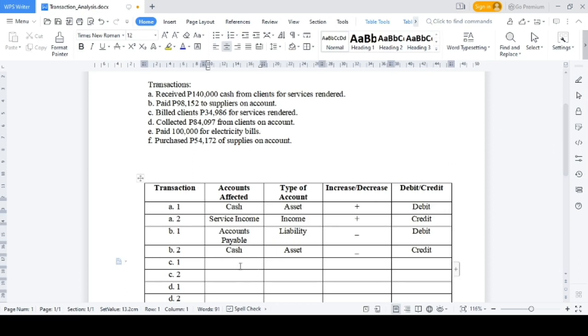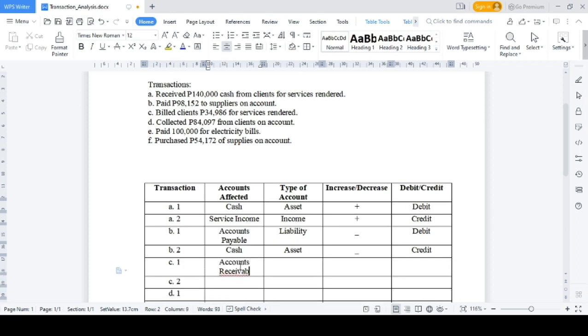Okay, so let's try to answer that one. The accounts affected are accounts receivable and service income. So accounts receivable is an asset account, which means that it increases, right? Since they're expecting money. So the normal balance of asset is increase, which is debit.